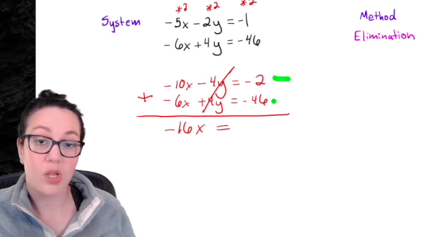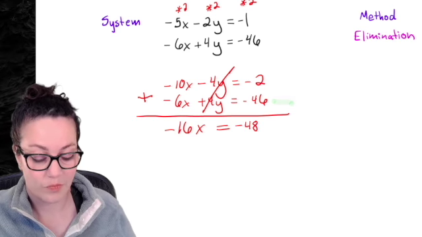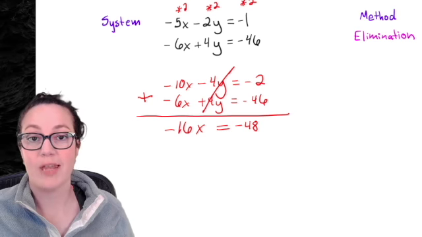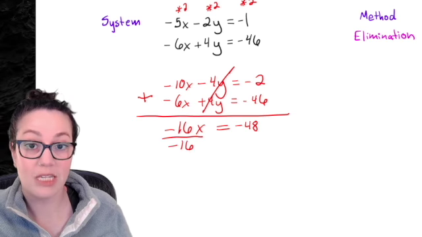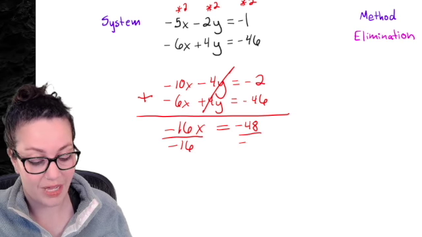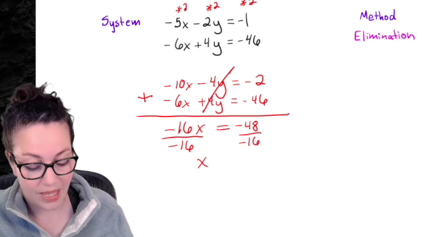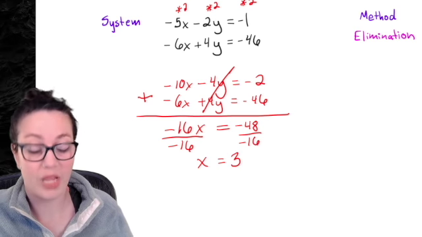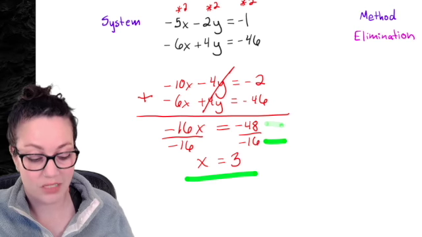Negative 2 plus negative 46 is negative 48. To isolate x, I'm going to divide by its coefficient. That's negative 16. I'm going to divide by that on both sides. So I get x is equal to positive 3. Negative 48 divided by negative 16 is positive 3.